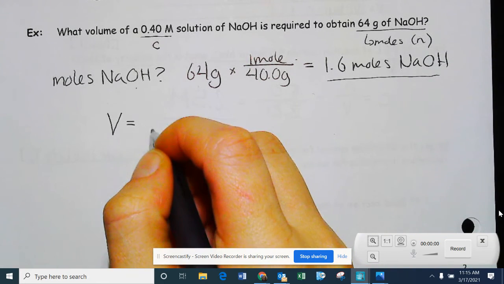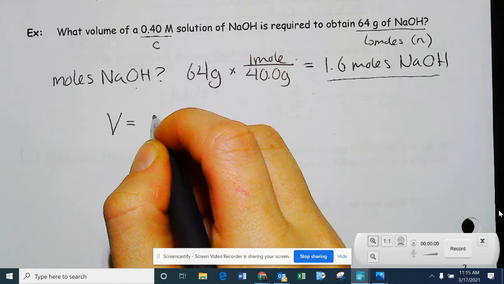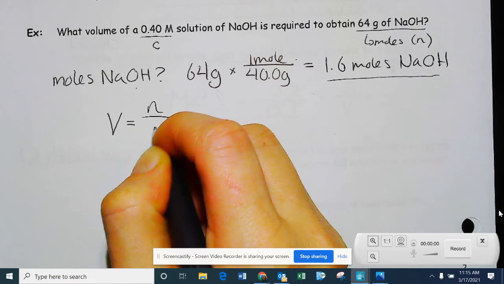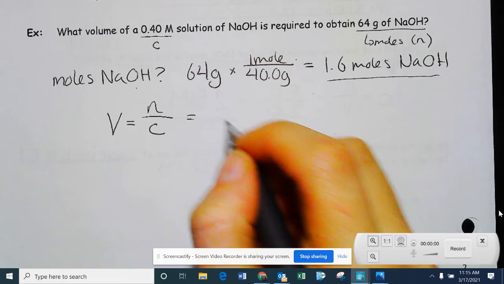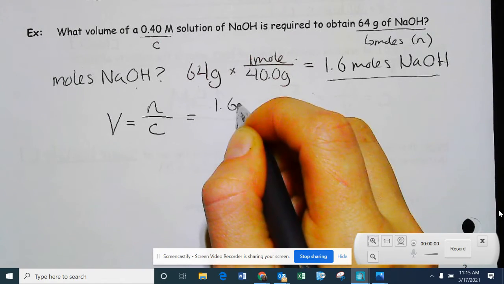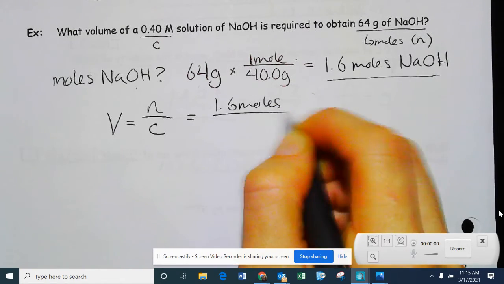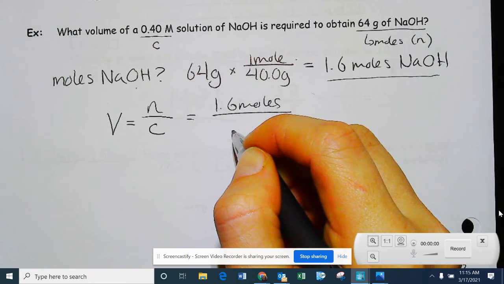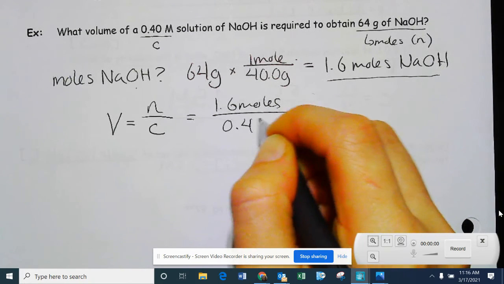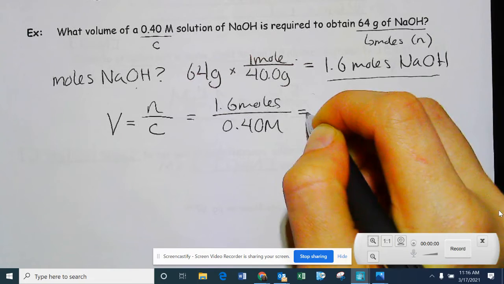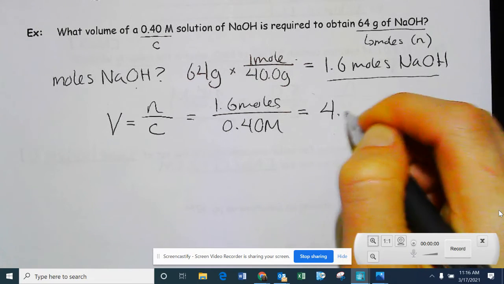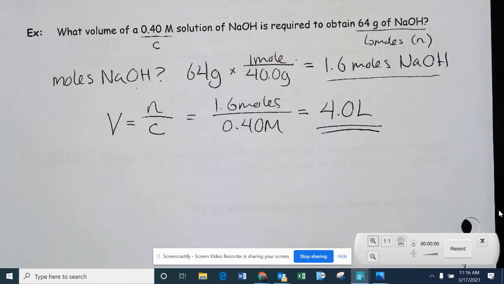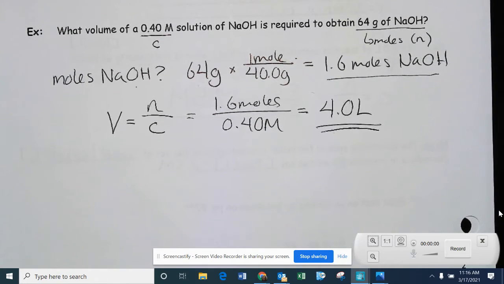And then to find volume, I'm going to go N over C. So I'm going to go 1.6 moles divided by 0.40 molar. What'd you guys get? Yeah, awesome. 4 liters. Yay. Okay. So that's how much I need in order to have 64 grams of sodium hydroxide in that solution.